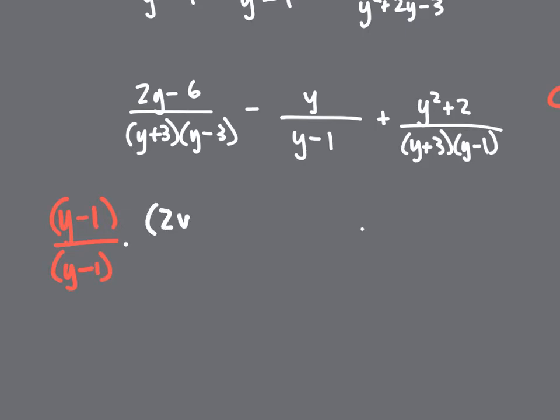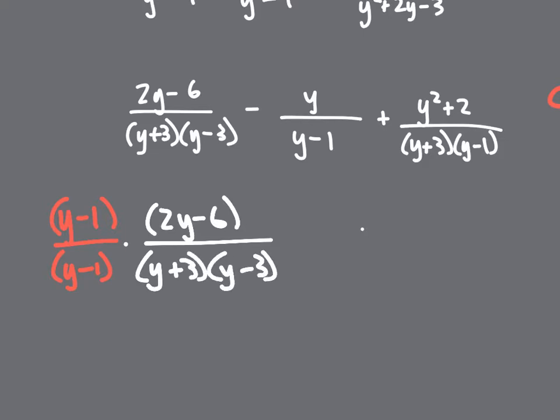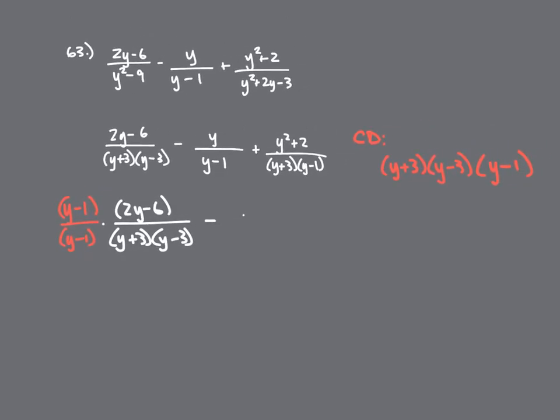And that's going to be (2y minus 6) over (y plus 3) times (y minus 3), minus, okay? So now once I multiply this out, it's going to have that common denominator of what I'm looking for. Now this one, y over (y minus 1), does not contain the (y plus 3) factor or the (y minus 3) factor.